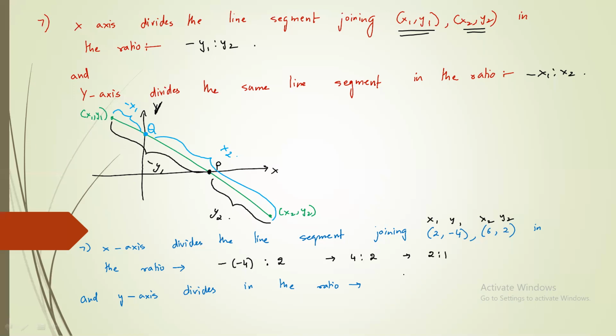The y-axis divides the same line segment in the ratio minus x1 is to x2, that is minus 1 is to 3. So in this way, you can use this formula.